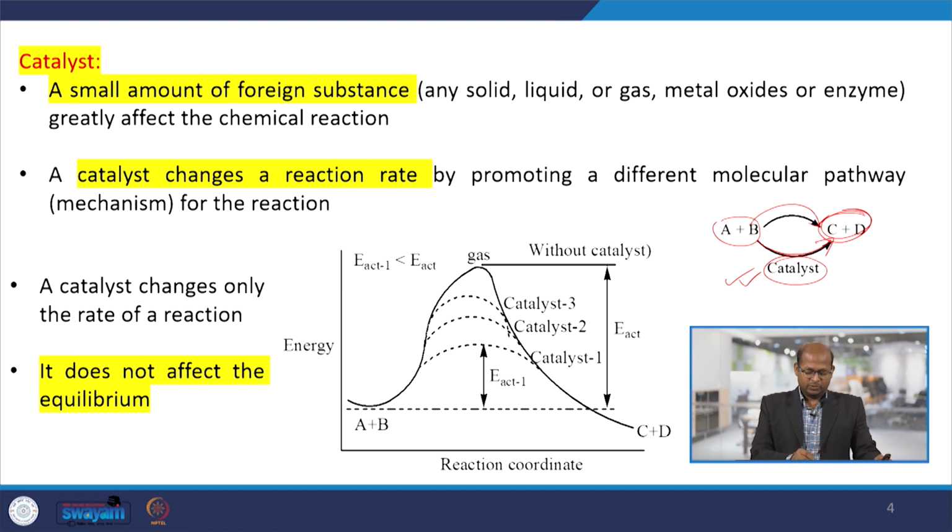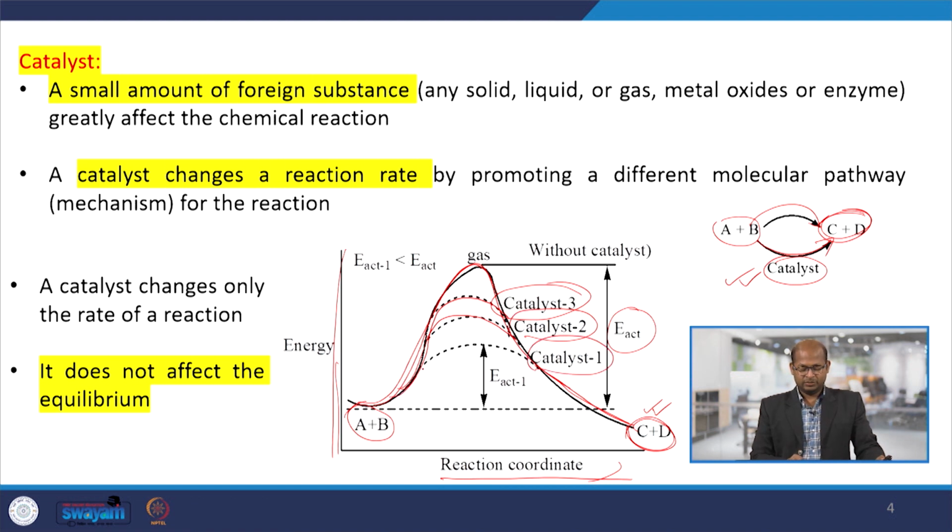Here you can see the energy for a particular reactant, the products, and this is the reaction coordinate. When we are not using any catalyst, the reaction may follow this pathway, and that amount of activation energy is required to get the product. If we use a catalyst, the reaction may follow this pathway and we get the product. Another catalyst we can use also follows a different pathway.